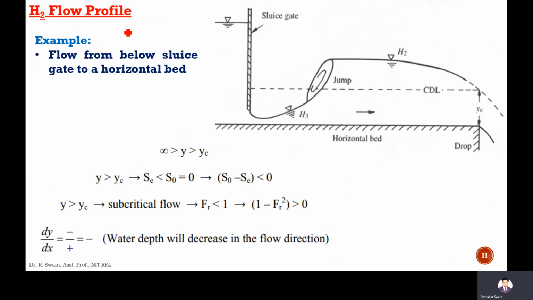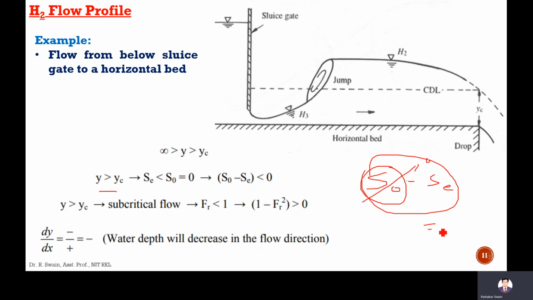In case of the S2 flow profile, Y is more than YC. Since here S naught minus SE is 0, this term will be a negative term. The numerator will be negative. Since Y is more than YC, it is a subcritical flow, or Froude number will be less than 1, and 1 minus F square is more than 0. That means a positive value in the denominator.